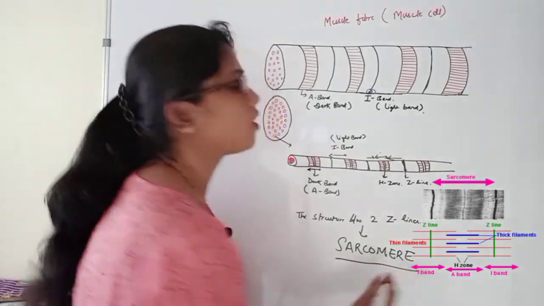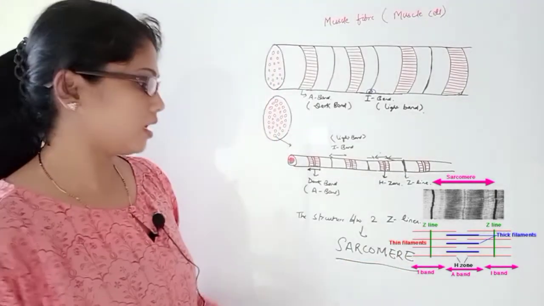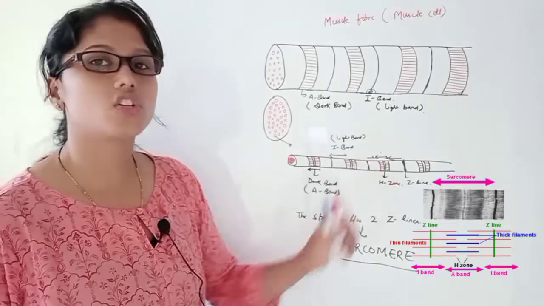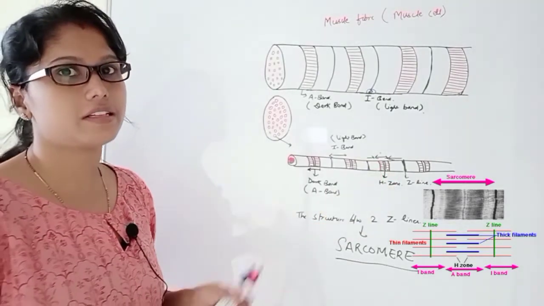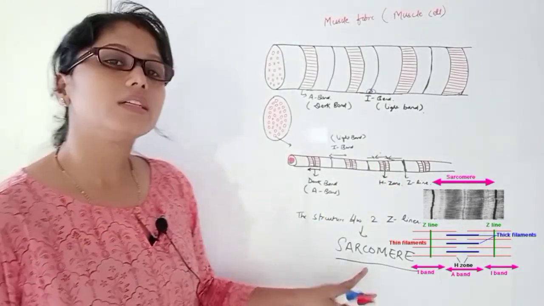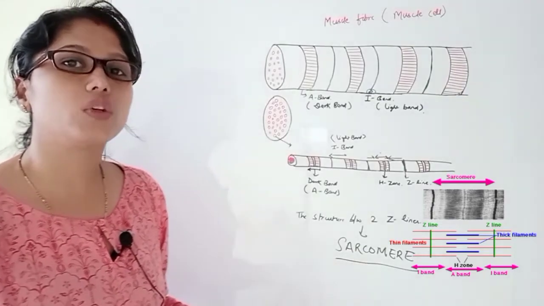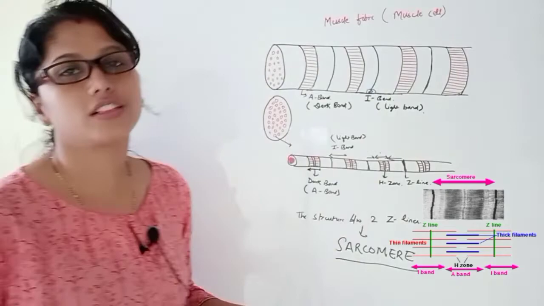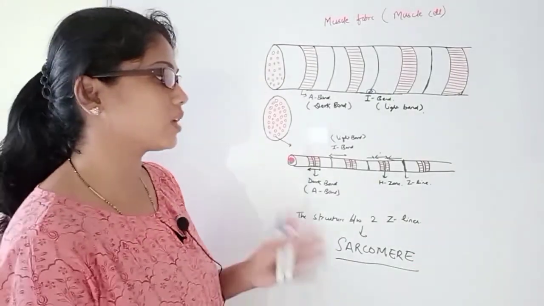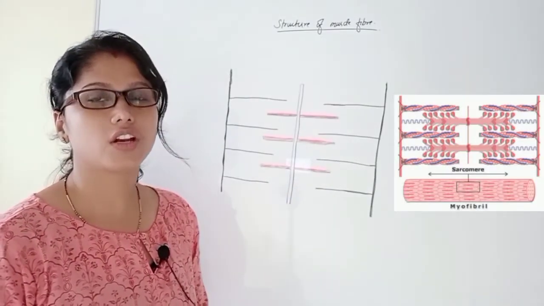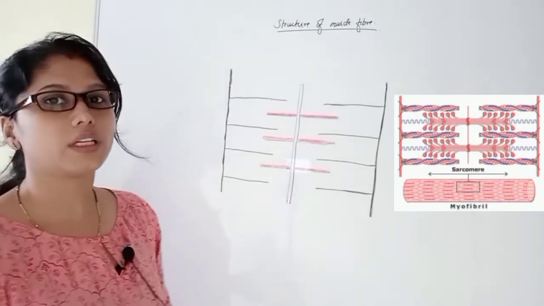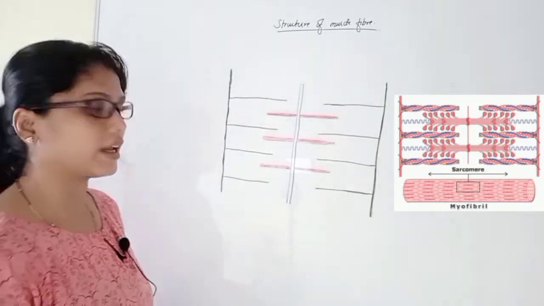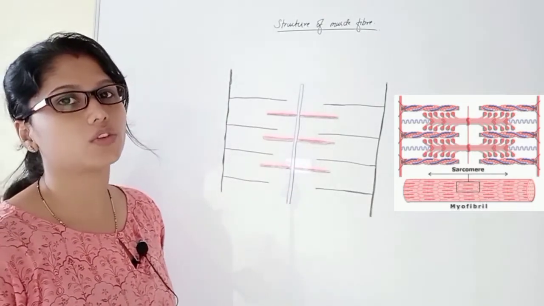Next we will see the structure of the sarcomere in detail, because this is the contractile unit of the myofibril. The whole myofibril is responsible for contraction. This is the structure of a single unit of sarcomere present on the myofibril.